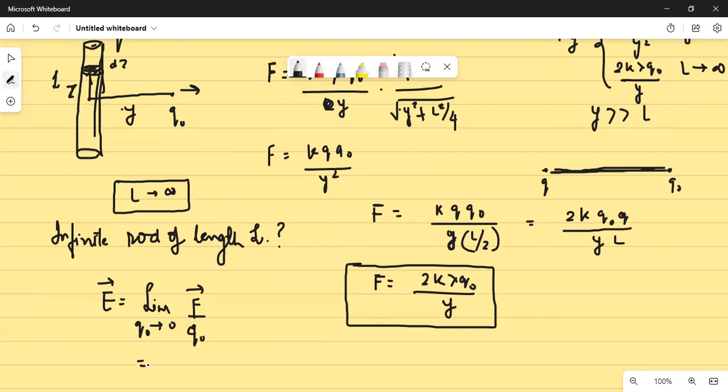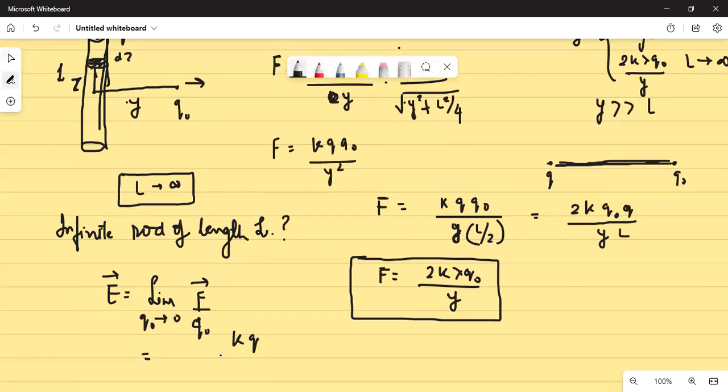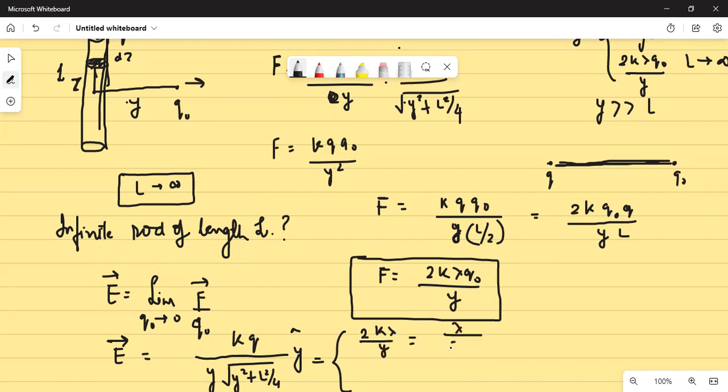I would simply get k q, with q naught divided by q naught being 1, times y over root of y square plus L square by 4, times y cap. This is the electric field vector. It can also be written as 2k lambda upon y, or simply lambda upon 2 pi epsilon naught y, in the y cap direction, if L is very large.